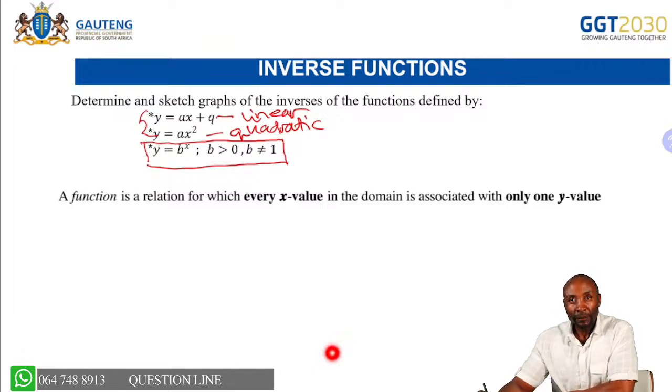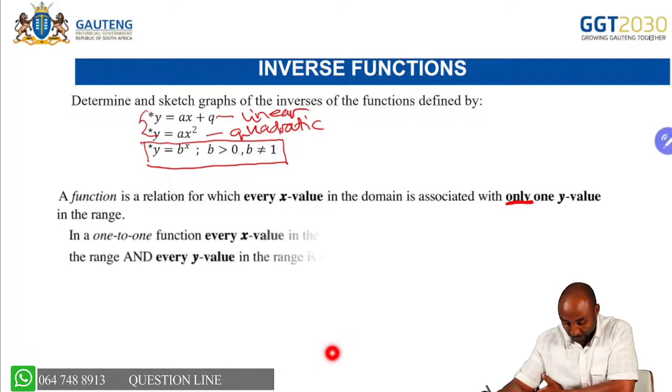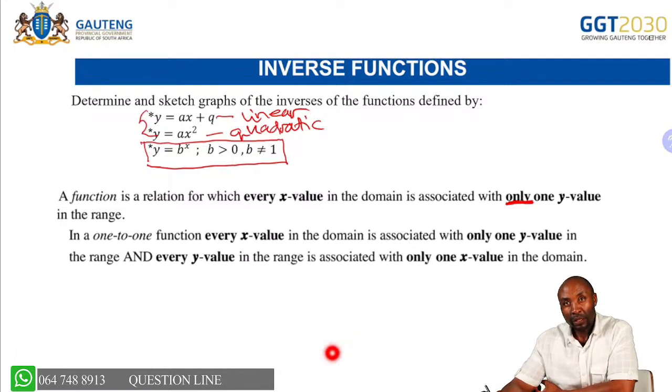A function is a relation in which every x value in the domain is associated with only, let's underline there, only one y value in the range. Now, we also know that we have different types of functions. We have a one-to-one function.